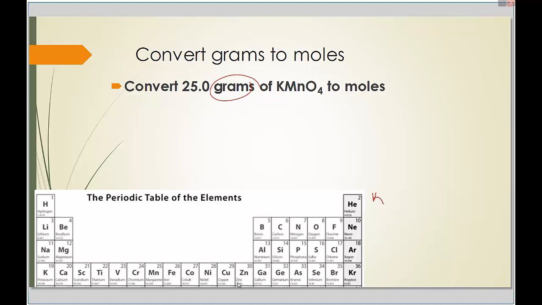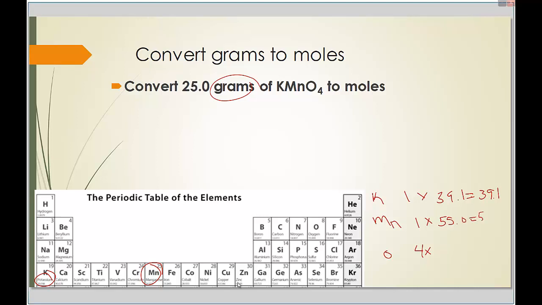KMnO4. So we have 1 K, 1 manganese, and we have 4 oxygens. So K is here, and it comes out to be 39.1. So 1 times 39.1 is 39.1. Mn is right here, and its mass is 55.0, which comes out to be 55.0.